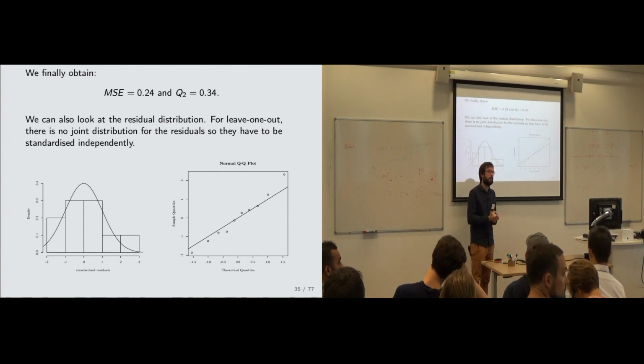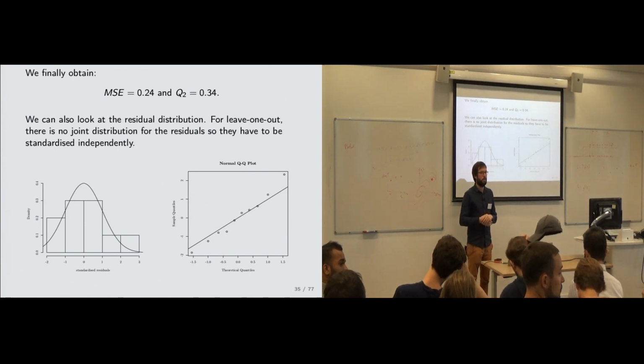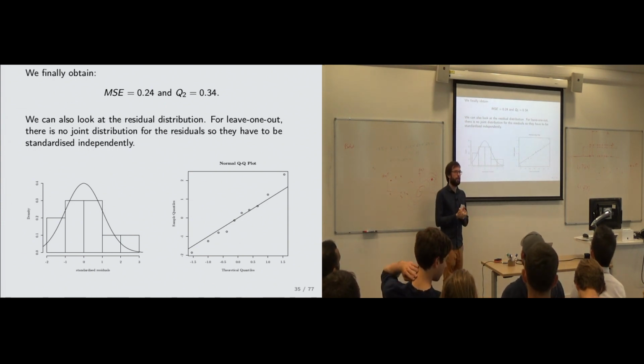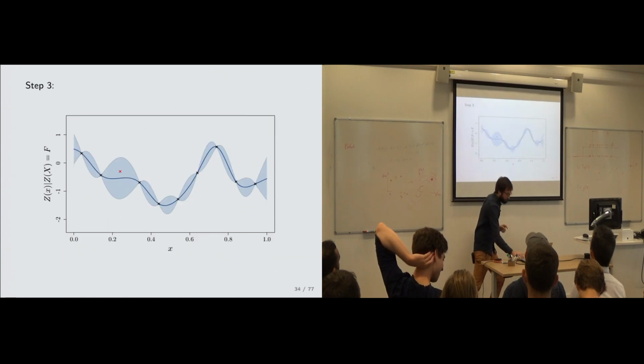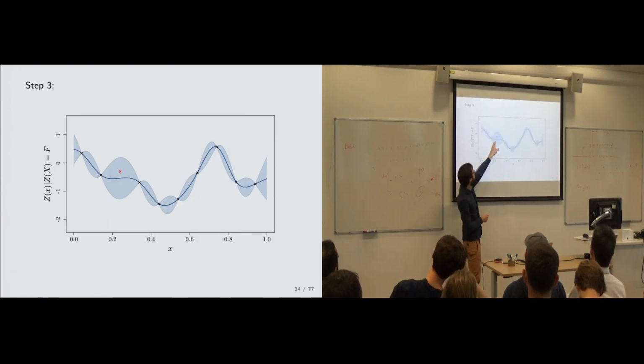Yes? So that's a very good question. On paper, if you look at that, each time you take a point, you need to invert a covariance matrix that is based on all the other points.